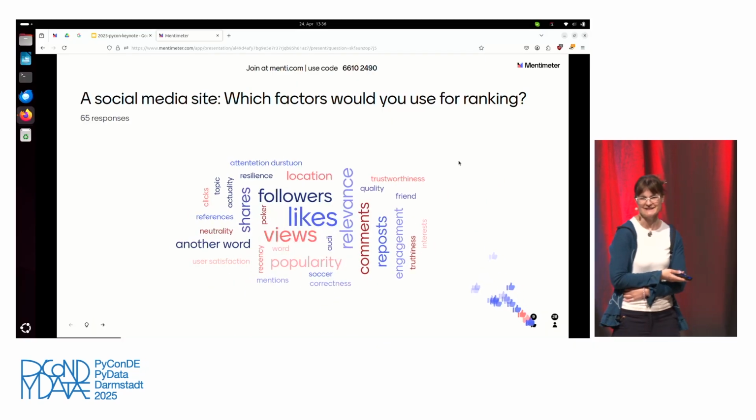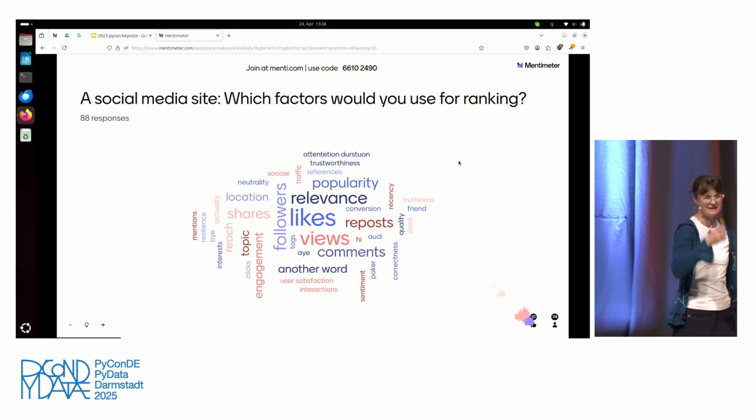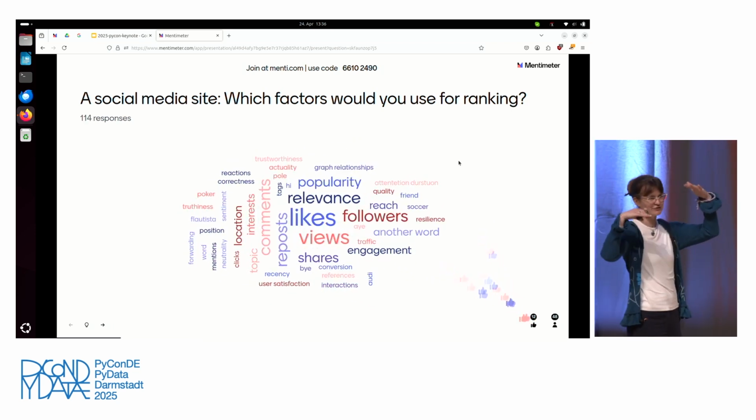It's working. So on a social media site, which factors would you use for ranking messages that you want to show to users?